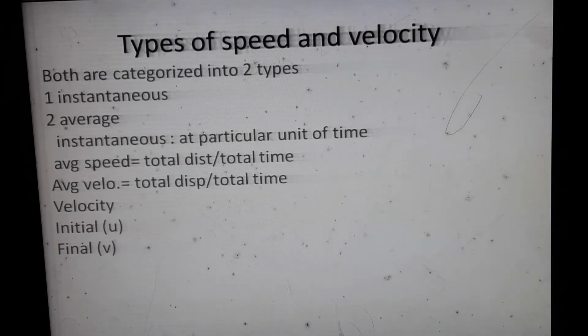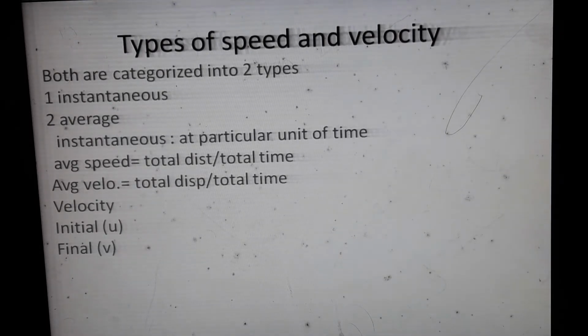So the average speed is total distance upon total time. And the average velocity is nothing but the total displacement upon the total time, simply. Now velocity we can also categorize as initial velocity and final velocity. Initial velocity is indicated with the variable u and final velocity is indicated as v.